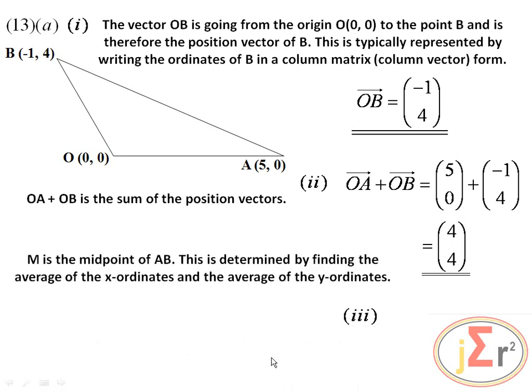M is the midpoint of AB. This is determined by finding the average of the x ordinates and the average of the y ordinates, and that we have done when we are doing equation of a straight line.